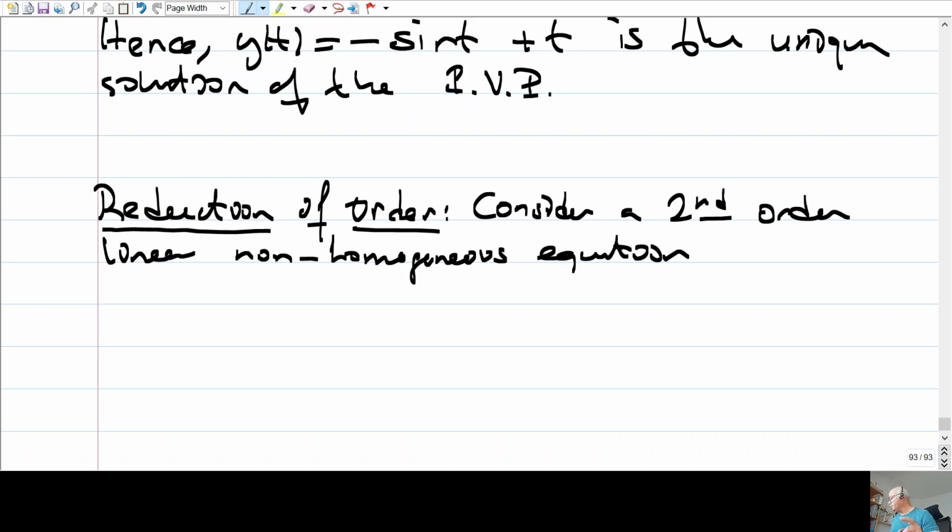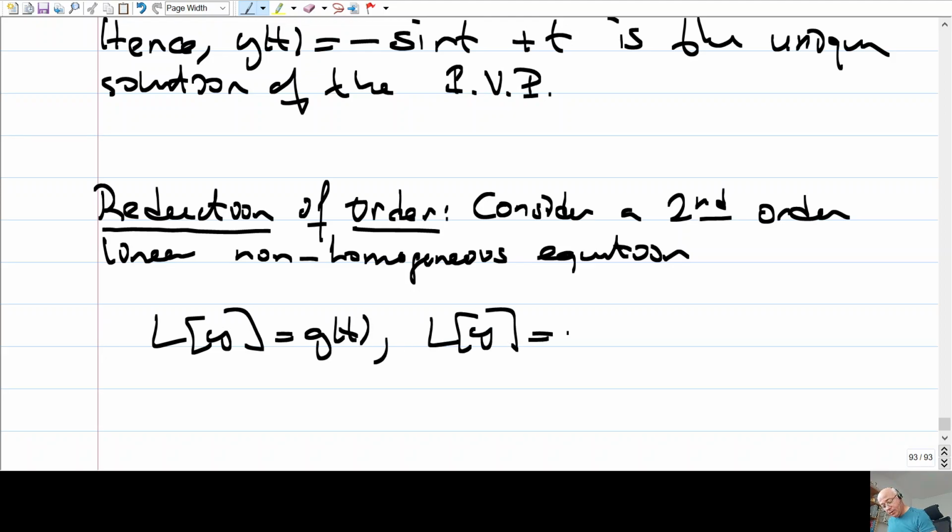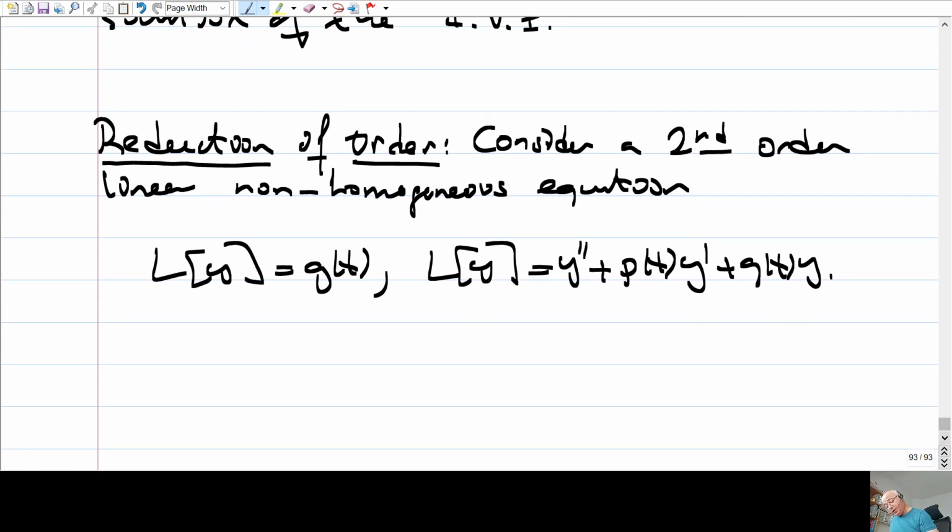Let's say Ly equals g(t), where Ly is y double prime plus p(t)y prime plus q(t)y. So it doesn't have to be constant coefficient. Okay, so our equation is the second derivative plus p(t)y prime plus q(t)y equals g(t).